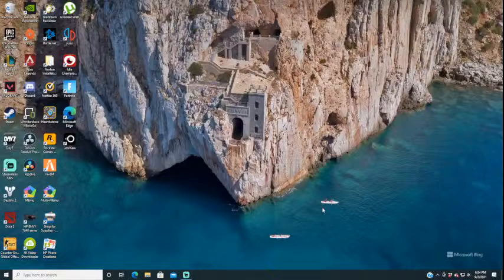I could change it later to another picture or two that they have, but it's just the Bing wallpaper thing. Excuse me if I'm about to cough. Okay. Not good considering I have to read.